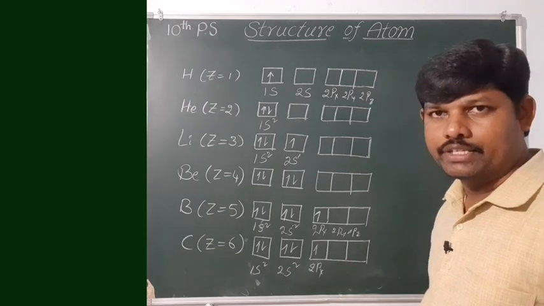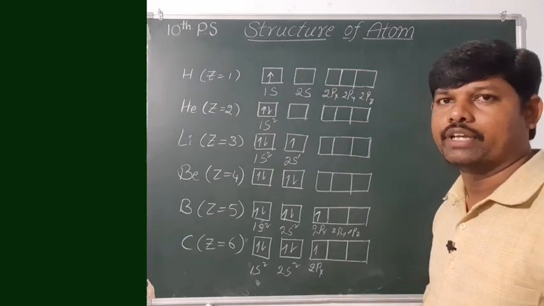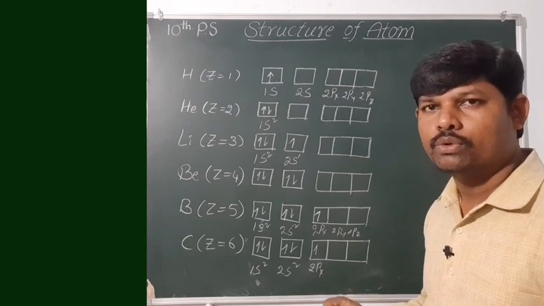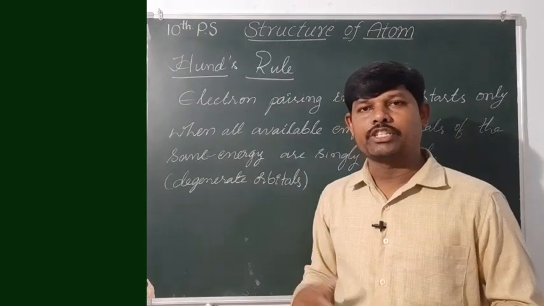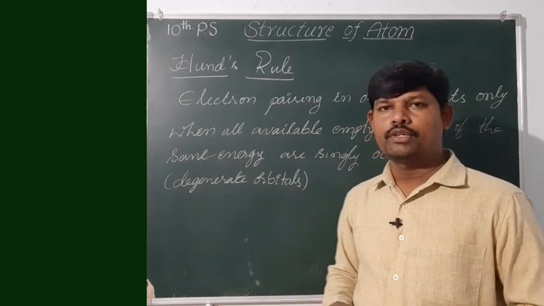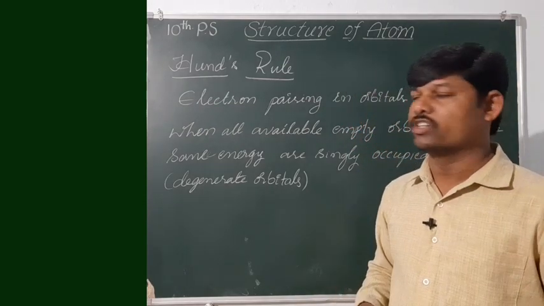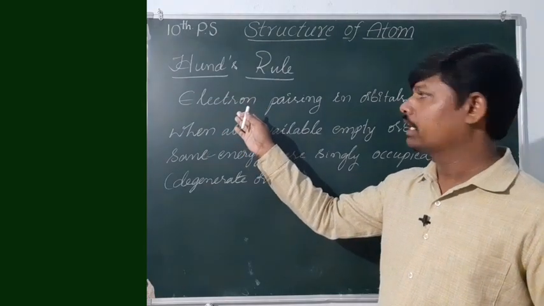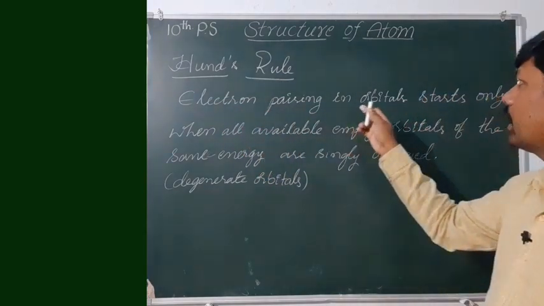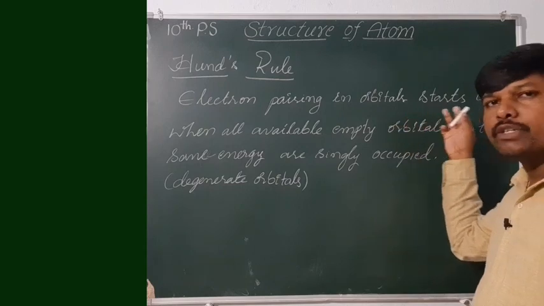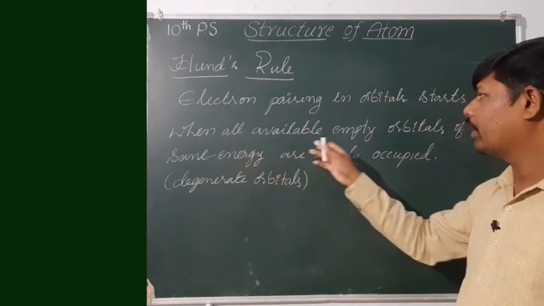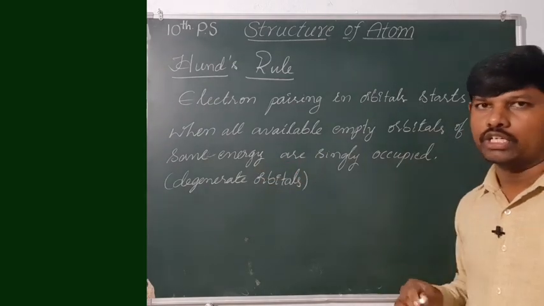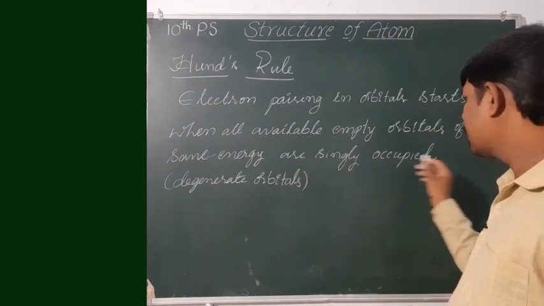To understand this, another principle is given, that is Hund's rule. So let us discuss what Hund's rule is. Let us see the definition. According to Hund's rule, electron pairing in orbitals starts only when all available empty orbitals of the same energy are singly occupied.